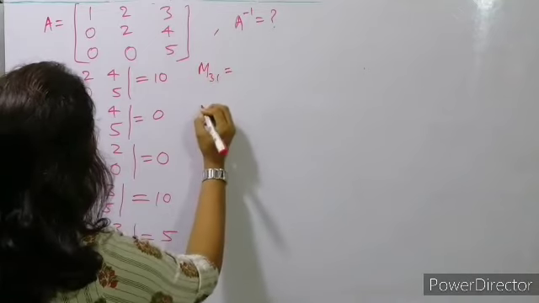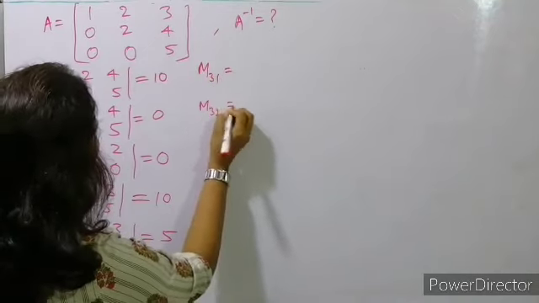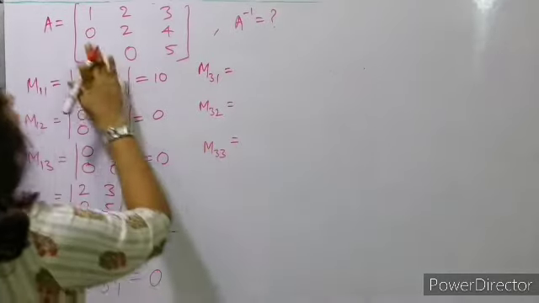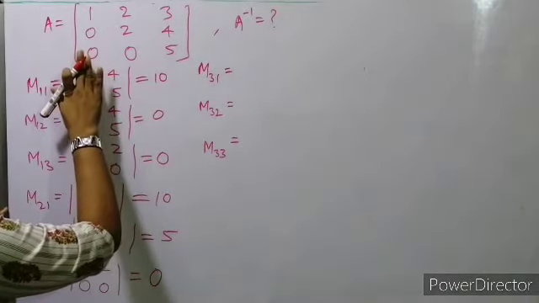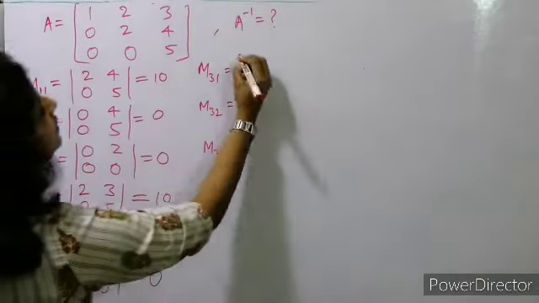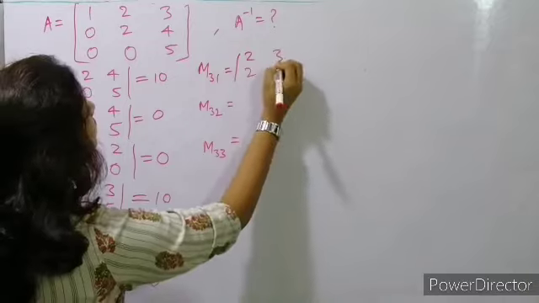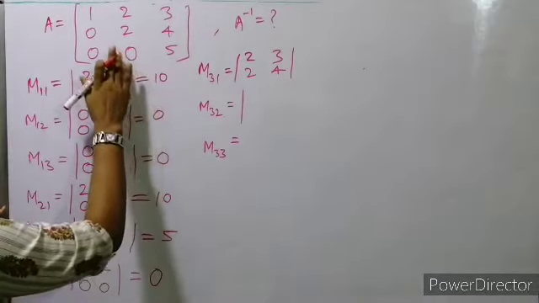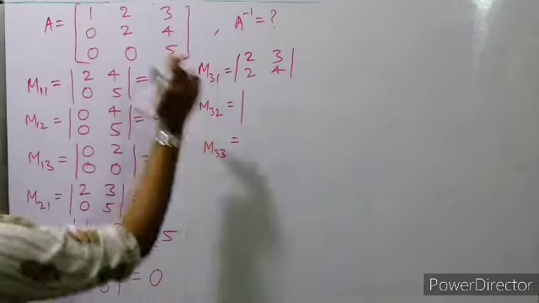Now M31, M32, M33. For M31, the third row, first column will be hidden. What values are left? 2, 2, 3, 4. Similarly, third row, second column, we get 1, 0, 3, 4.